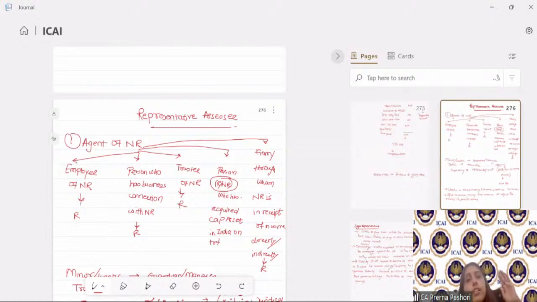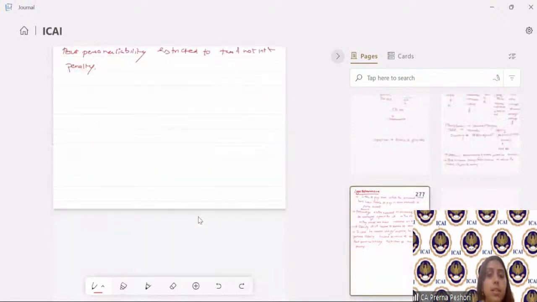But if there is a legal representative as well as an executor, which is quite possible, then in that case, up to the date of death, it will be in the hands of the executor, and afterwards it will be in the hands of the legal representative.